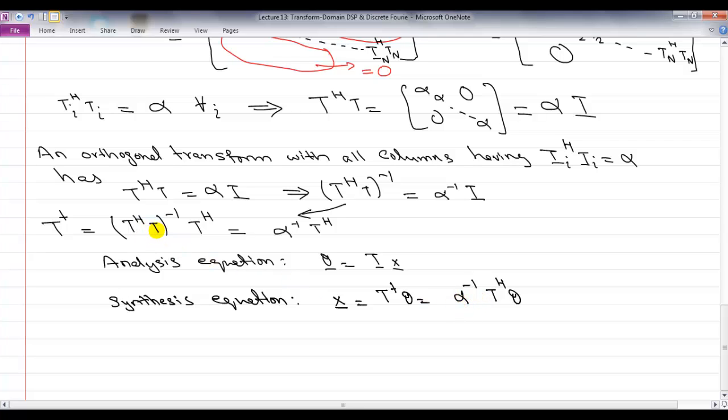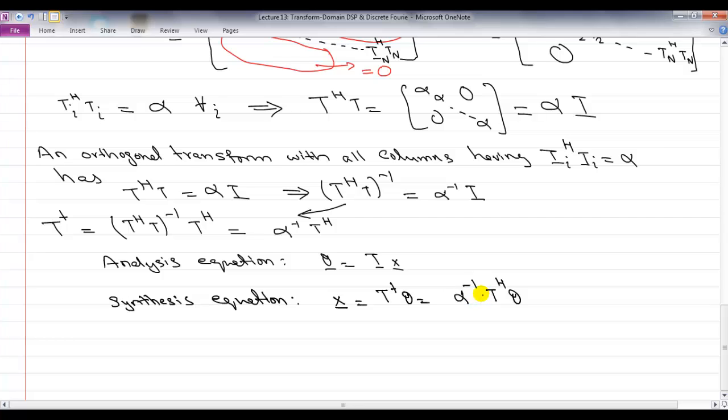We had T Hermitian T inverse. We were inverting an n by n matrix. I'm sure in your undergraduate, all of you have inverted by hand 2 by 2 and 3 by 3 matrices. Well, inverting n by n matrices in digital systems is not a cheap thing to do. It costs a lot of time. But in the case of an orthogonal transform, all you are doing is inverting a scalar, which is just dividing by a scalar.